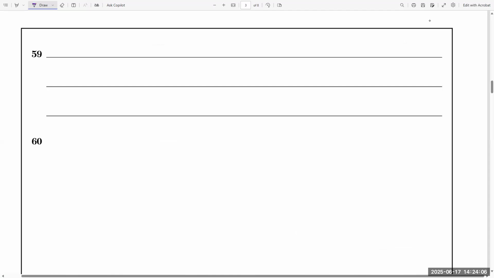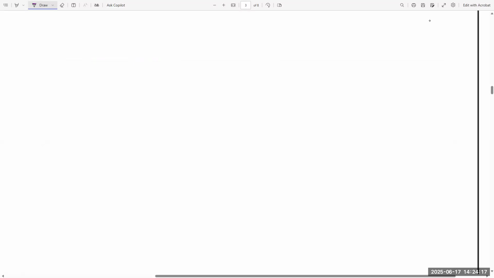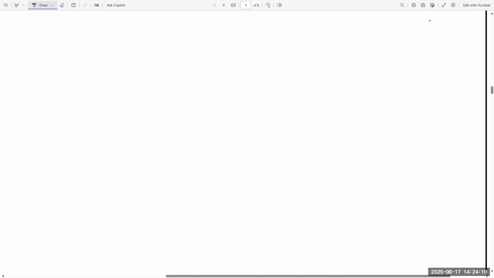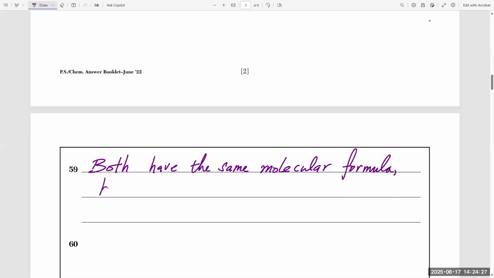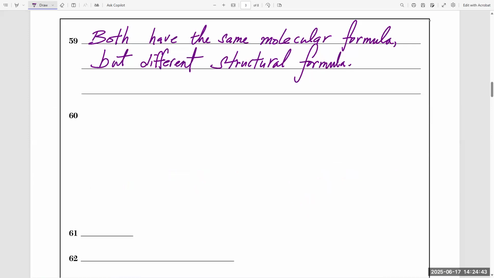Both have the same molecular formula, but different structural formula. Okay, let's go to 60.